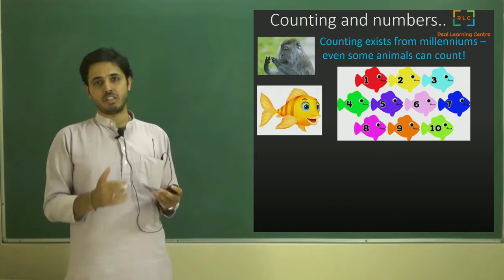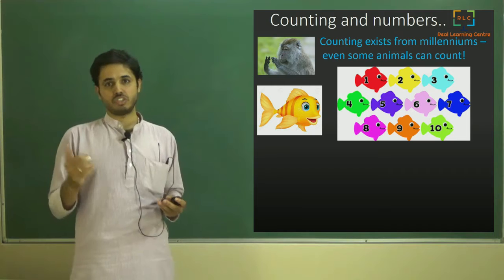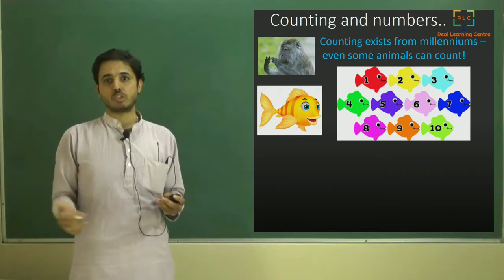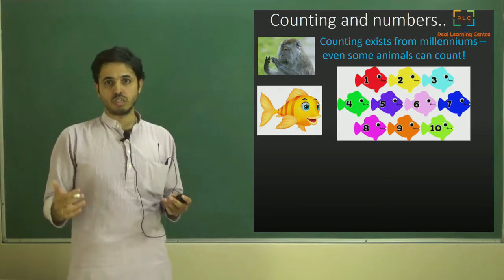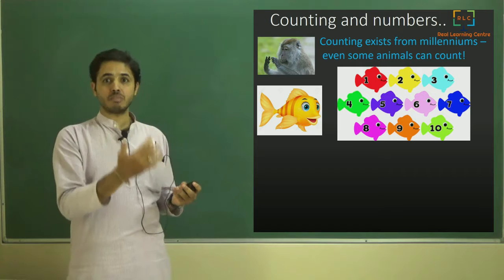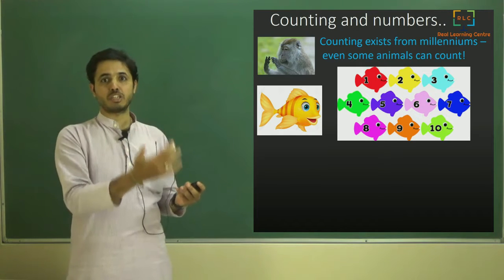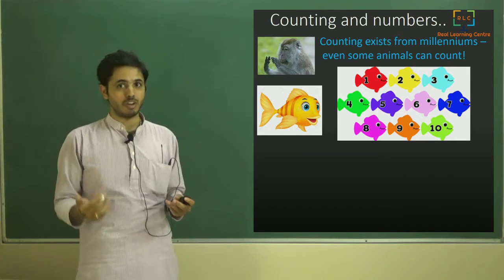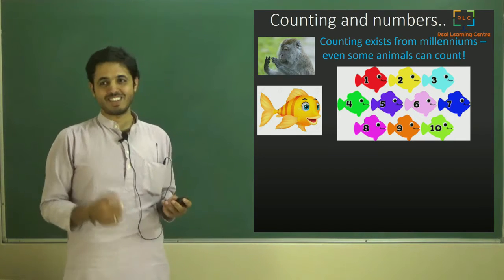And another famous example we can give is of fish. When a stray fish, or a fish which is away from its school, wants to join a new school, it counts how many fish are there in a particular school, and it chooses to join the bigger school for security purposes.